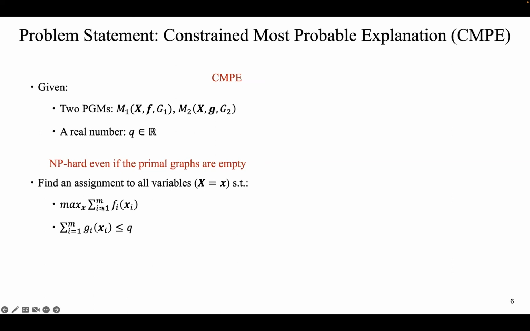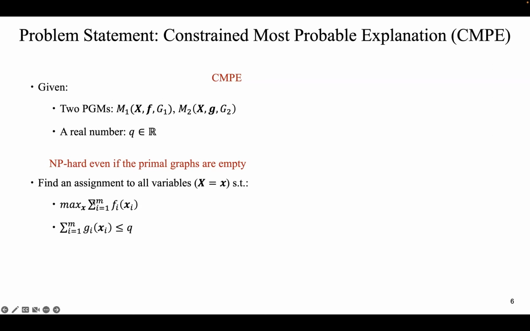such that the weight of the assignment is maximized according to M1. So the functions F are associated with M1. What I want to do is find an assignment such that the weight is maximized according to M1, such that the weight according to M2 is smaller than Q. So that's the CMPE task.